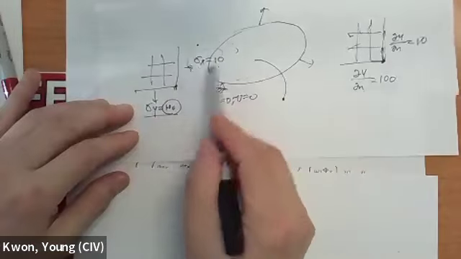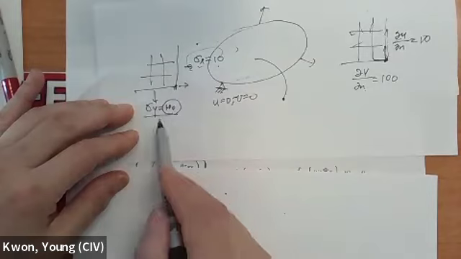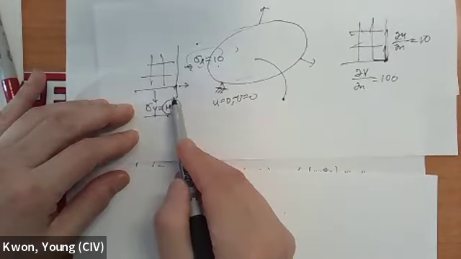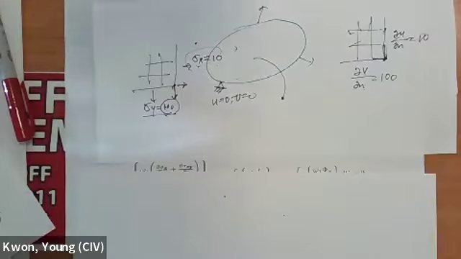Okay, so this one is going to produce traction in this direction. This is going to produce traction in that direction. You never add them together, because they are two different quantities.